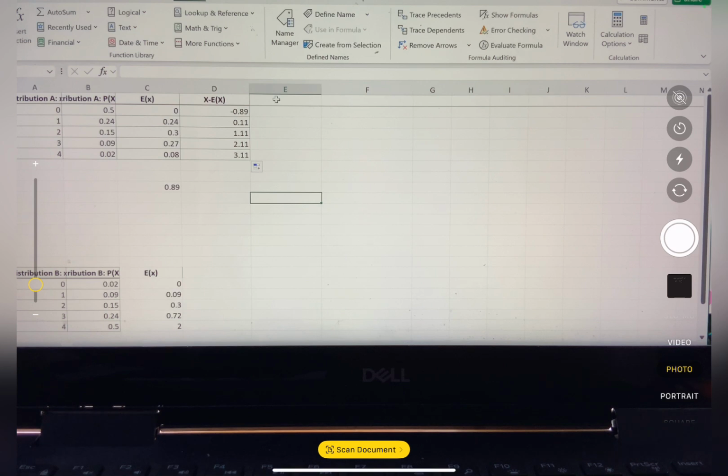Next step, if you look at your formula under the square root, we have X minus E of X, the expected value, and we square it. That's going to be power 2.